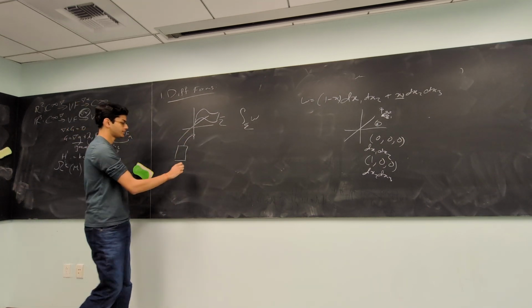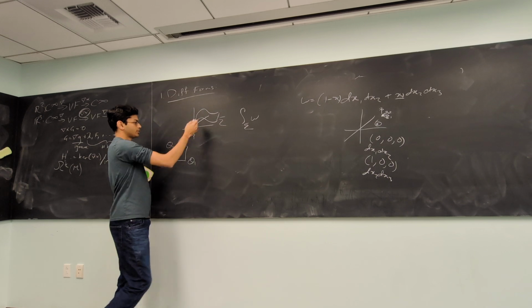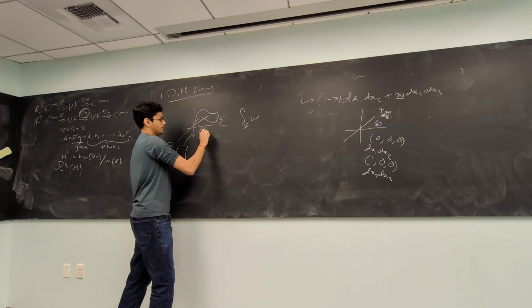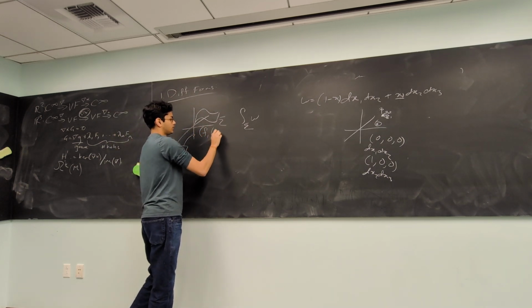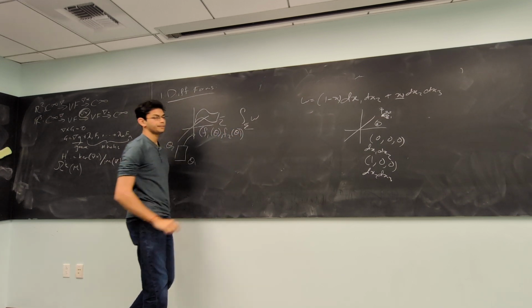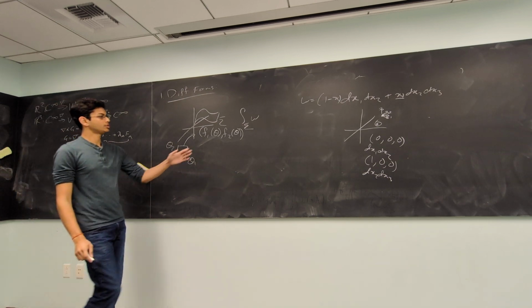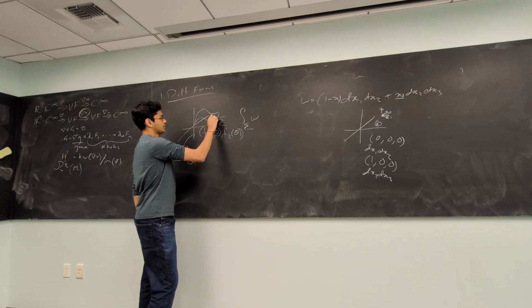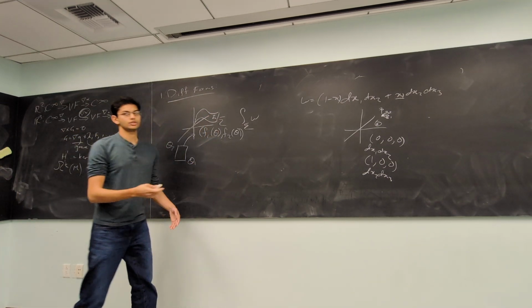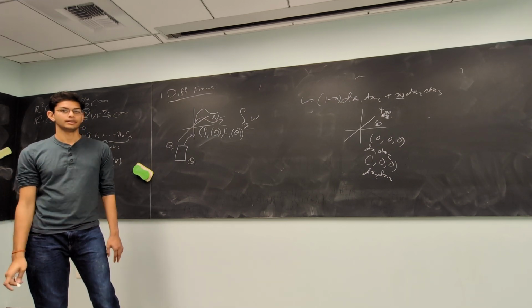This is essentially saying that you have 2 coordinates, theta 1 and theta 2, and you map it into our space via some f1 of theta and f2 of theta, right? So the idea now is that this 2-form takes in two vectors at every point and gives you a sense of the area at that point spanned by those two vectors.